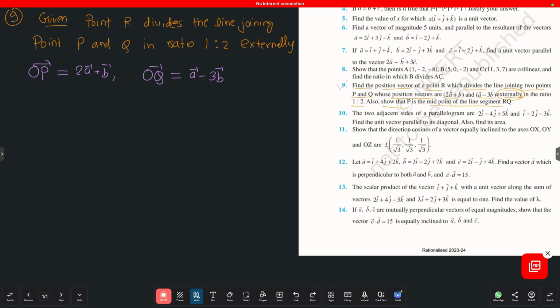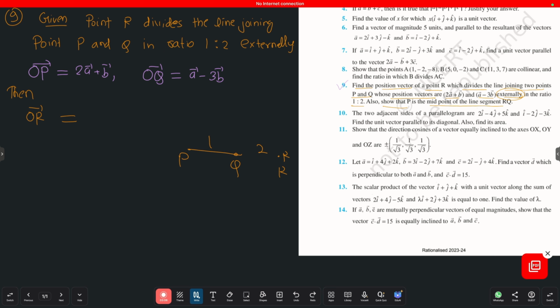The situation is like this. It is P, it is Q, but external means R is somewhere outside. That's why external division. So here suppose P and here it is Q, and R divides in 1:2. So this ratio goes with the Q point, this ratio with the P point.